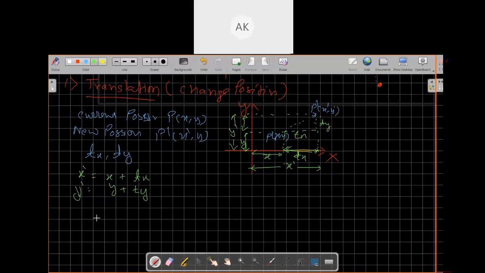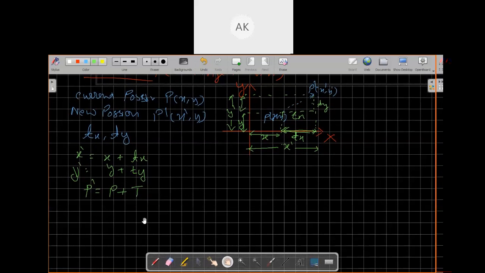In the same way, y dash equals y plus ty. This is the actual change, tx and ty. So you can define the new position x dash, y dash as x plus tx, and y dash equals y plus ty.